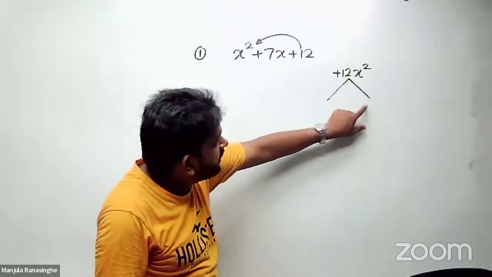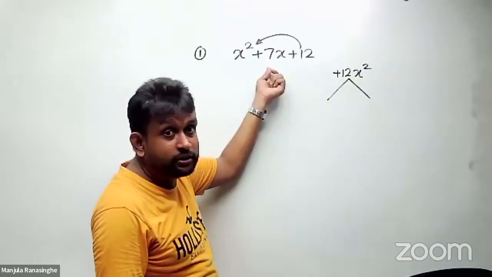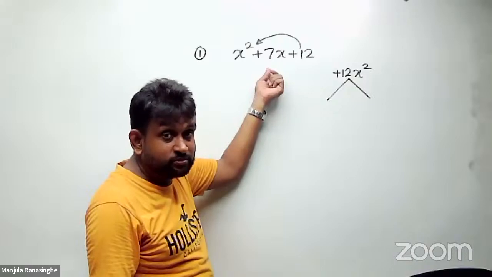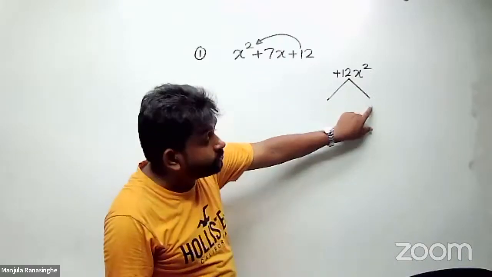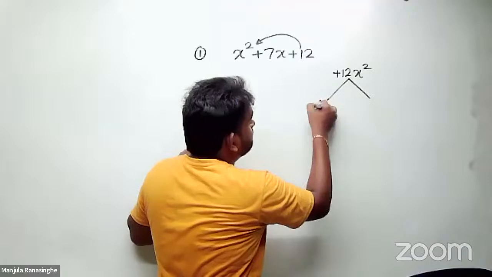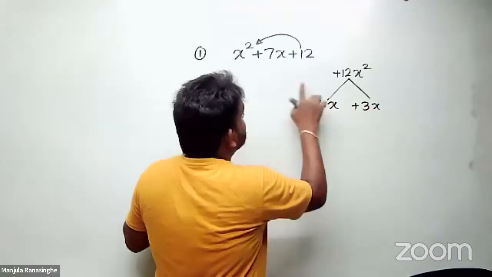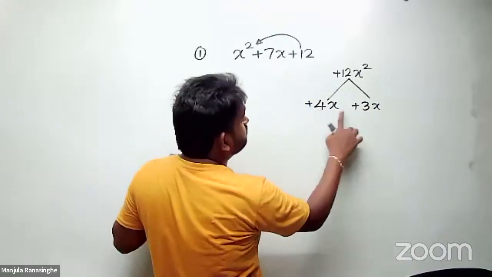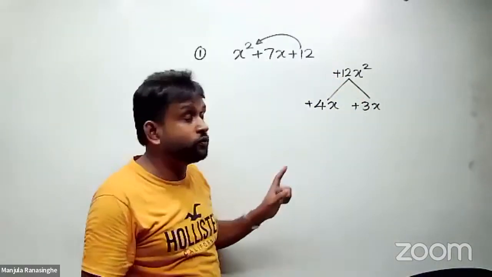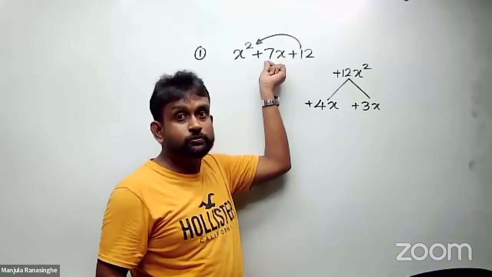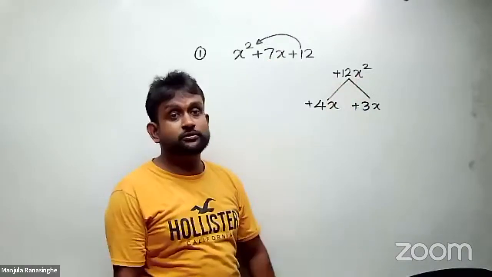What is the pair of terms? 4x and 3x. Both shall be positive because the sum is positive as well as the product. So 4x plus 3x gives 7x, and 4x into 3x gives 12x squared.